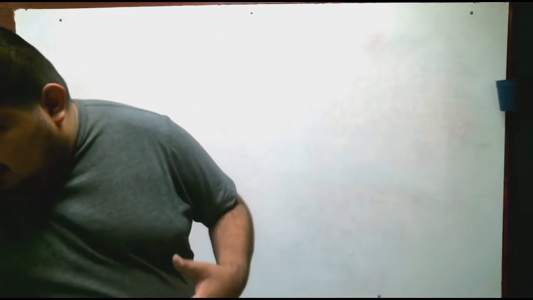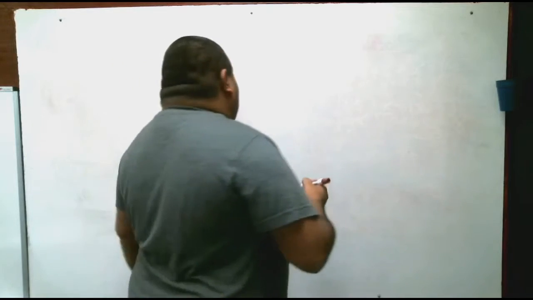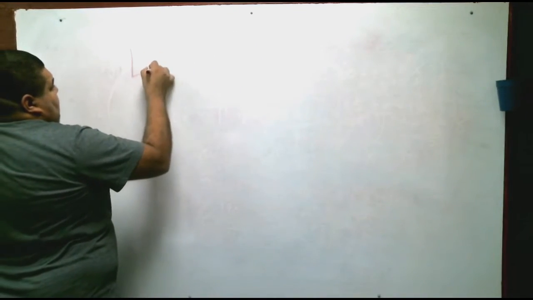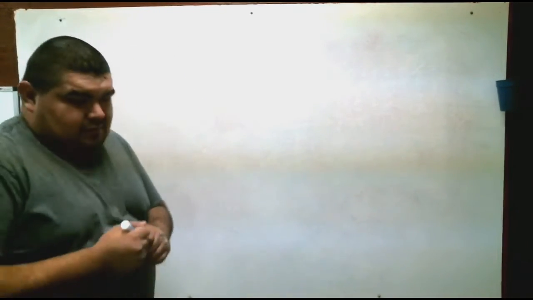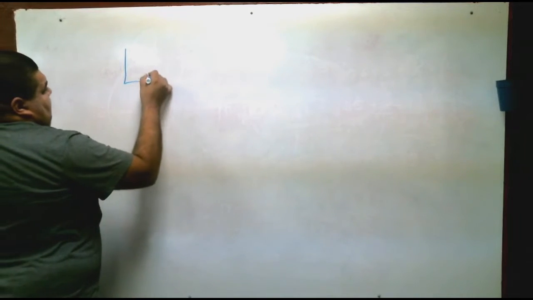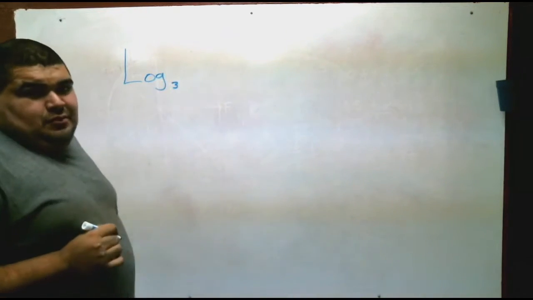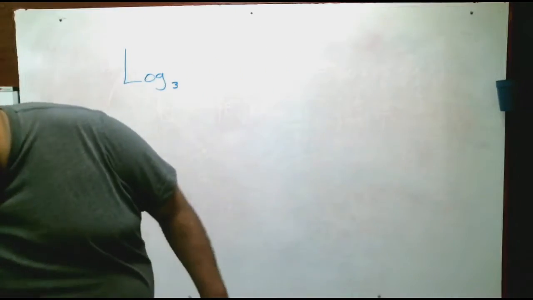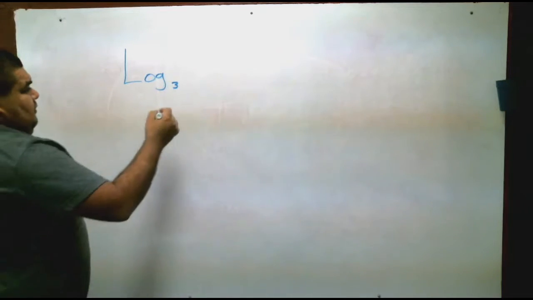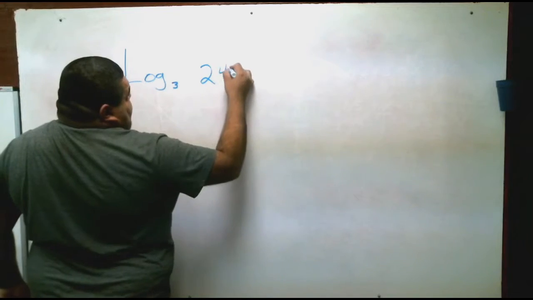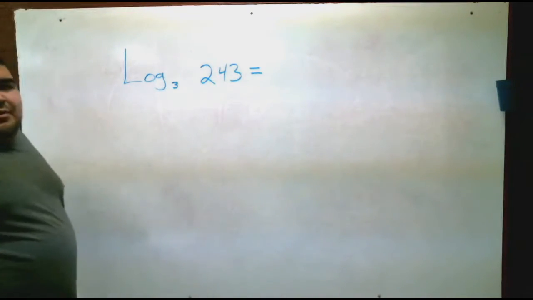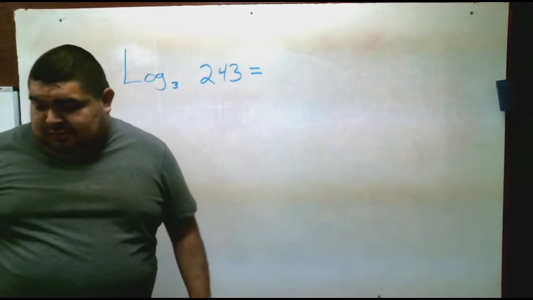That rule is, when you have a number, for example, if I have log base 3 of 243 equals, and it pretty much already gives you an answer, okay?